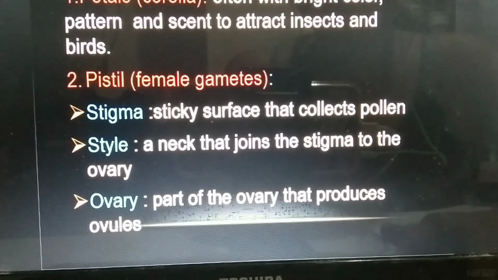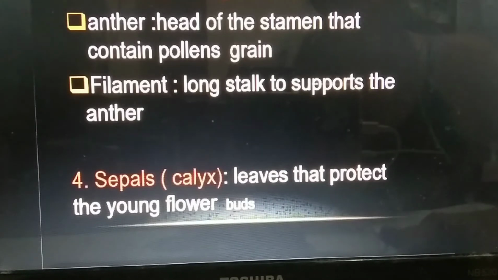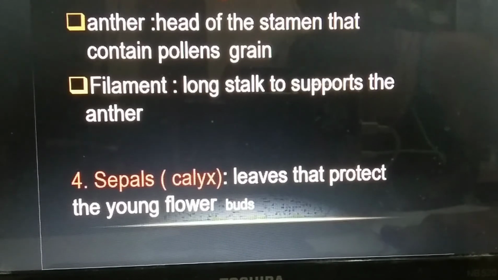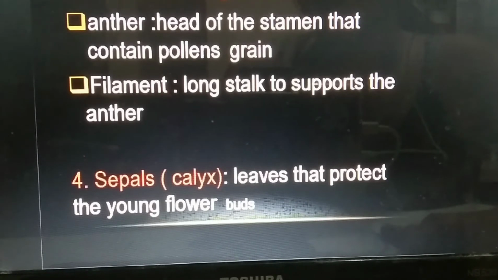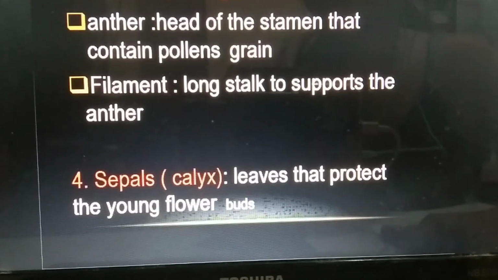The ovary is the part of the pistil that produces ovules, while the stamen are the male gametes. The stamen consists of the anther and the filament. The anther is the head of the stamen that contains the pollen grain, while the filament is a long stalk to support the anther. The sepals or the calyx are the leaves that protect the young flower buds.